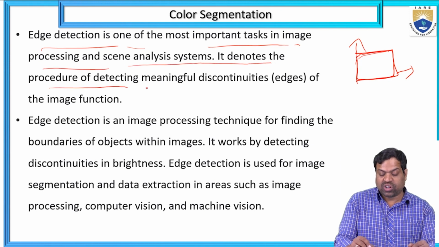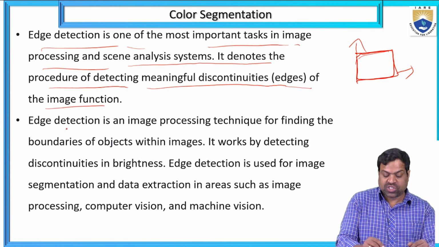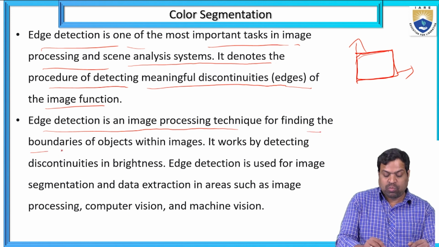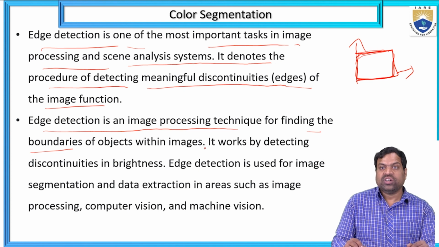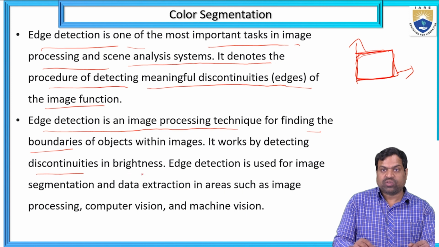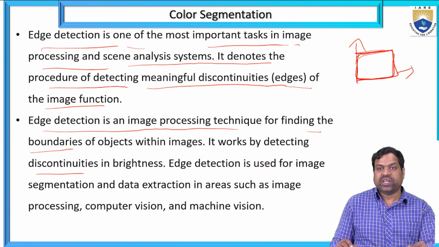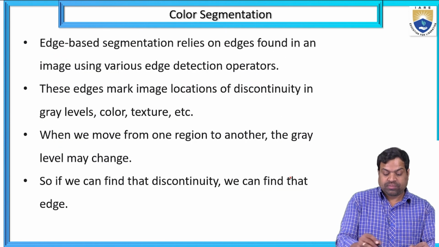It denotes the procedure of detecting meaningful discontinuities or edges of the image function. Edge detection is the image processing technique for finding out the boundaries of the objects within the images. It works by detecting discontinuities of the brightness. Edge detection is used for image segmentation and data extraction in areas such as image processing, computer vision and machine vision.